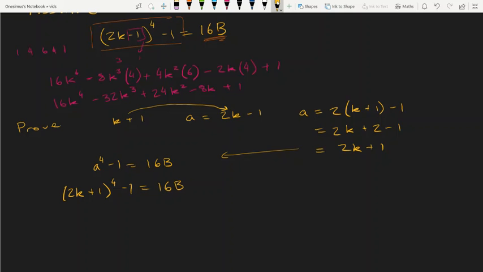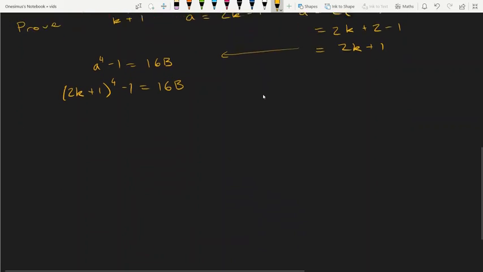Not too hard. Now, from here, we can start expanding this out. Using our similar expansion as before, we're going to get 16k to the 4th plus 32k cubed plus 24k squared plus 8k.